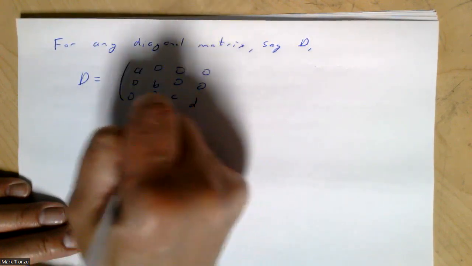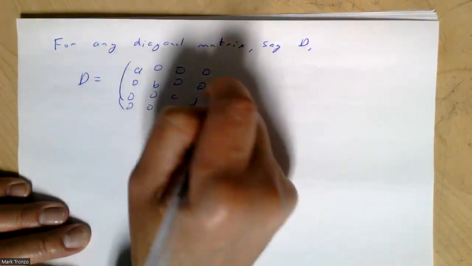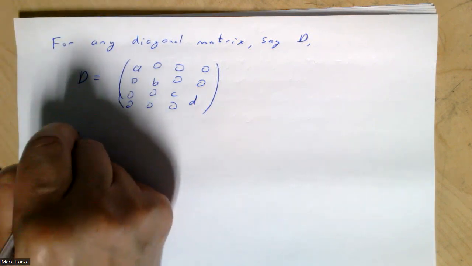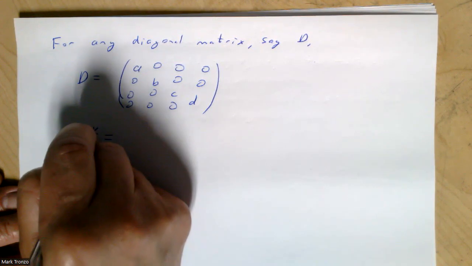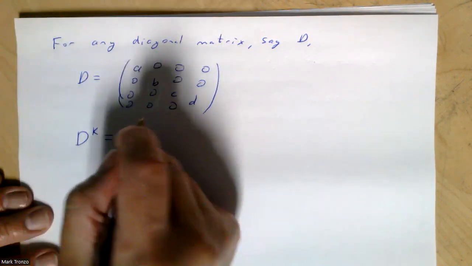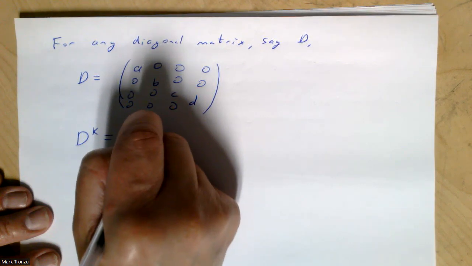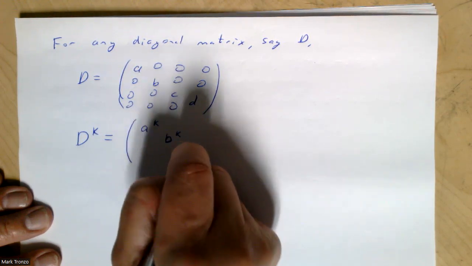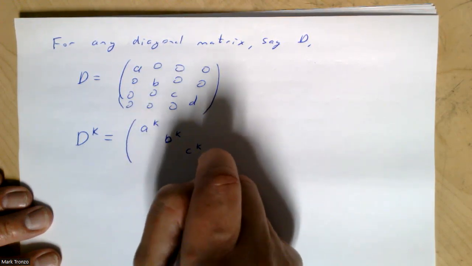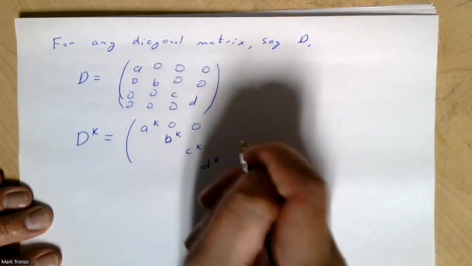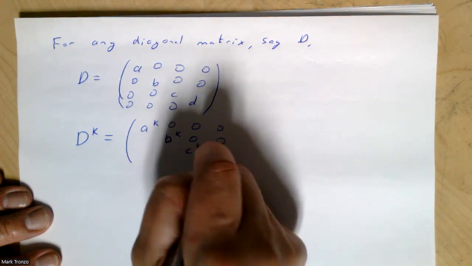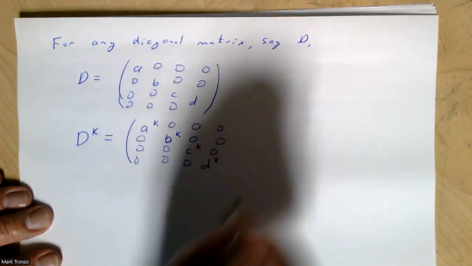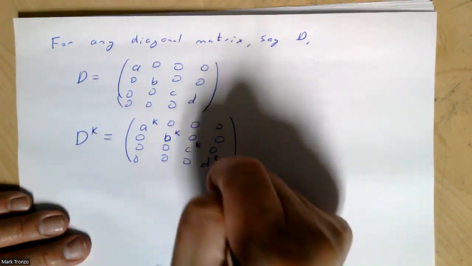Remember, for most matrices, squaring the matrix is kind of tedious, but for diagonal matrices, you can take it to any integer power, and all you have to do is take the elements along the diagonal and take those to that power.